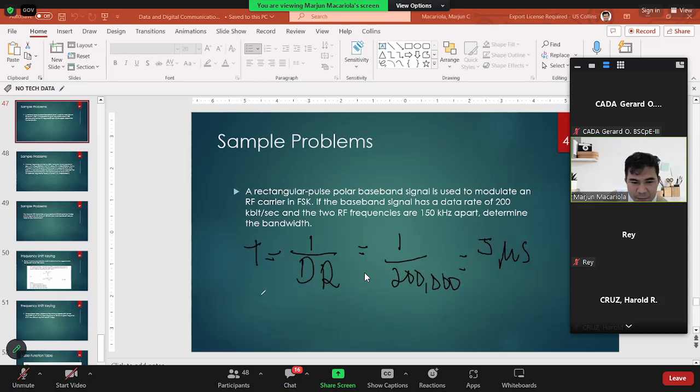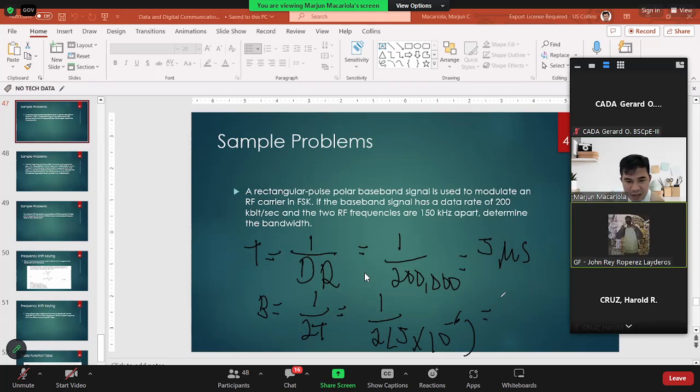Okay? Then bandwidth is equal to 1 over 2T. So 1 over 2 times 5 times 10 raised to negative 6 is equal to, ano sagot? 100,000 po. Okay, so that is 100 kilohertz.